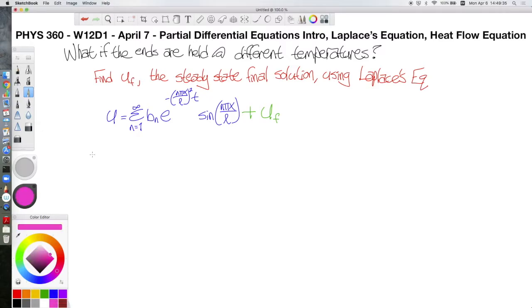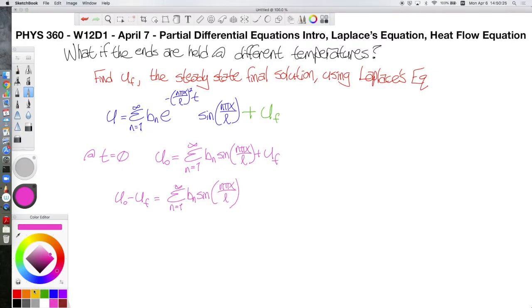So this means that at t equals 0, we have the following. The exponential term vanishes, so we just have the sum from n equals 1 to infinity of our constant b sub n times sine of n pi x over L plus our final steady state solution, which we can rearrange to be u naught minus uf equals that same sum that we had before.